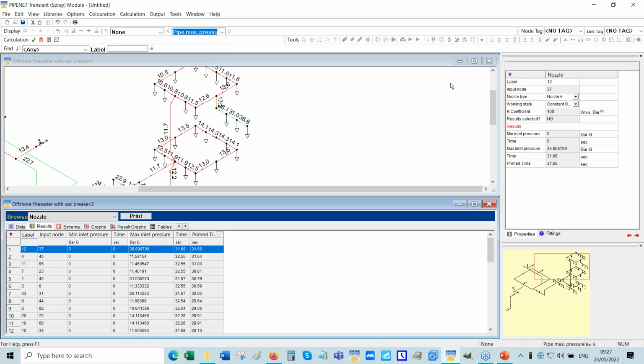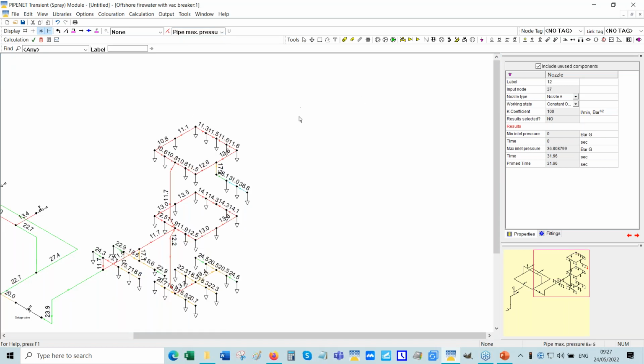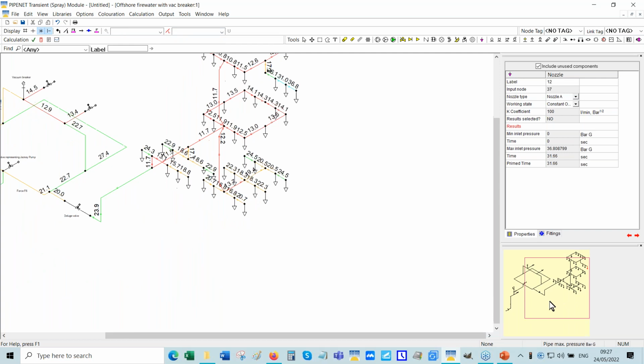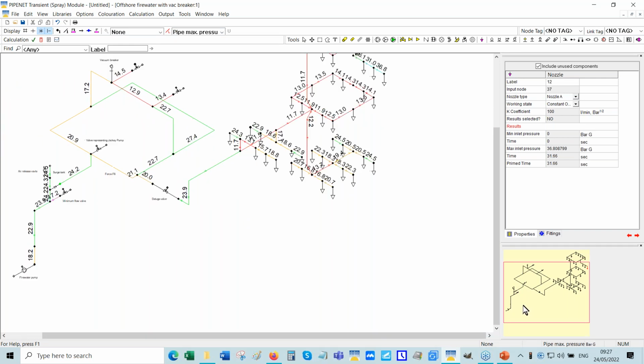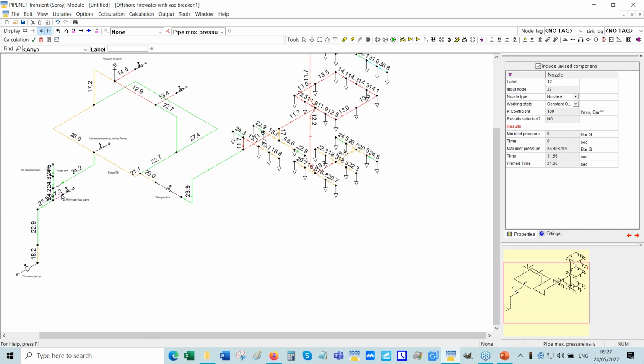See the maximum pressure. You can see that here in this pipe, it is 47.2. This is what I was talking about earlier on. The surge tank here, let me reduce the font size a little bit.